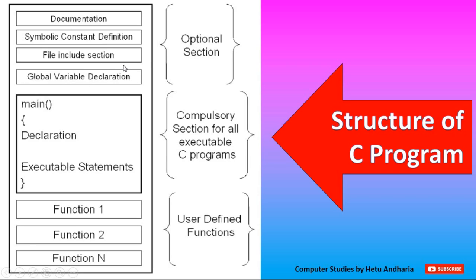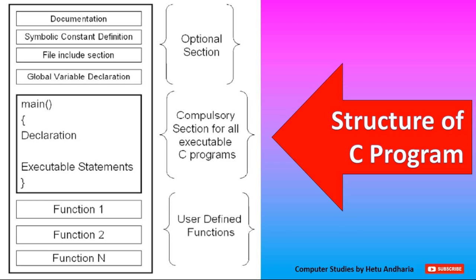Okay, this is the optional section. Suppose if you don't want to do documentation, don't do. If you don't want to add any symbolic constant, if it is not required in your program, don't add. File include section, that is optional. That doesn't mean that you don't need to include any file, but you have to include the files which are required for your program. That I will teach you in detail. Global variable declaration: if you need to declare any variable, you declare. Otherwise, no problem. Go ahead.